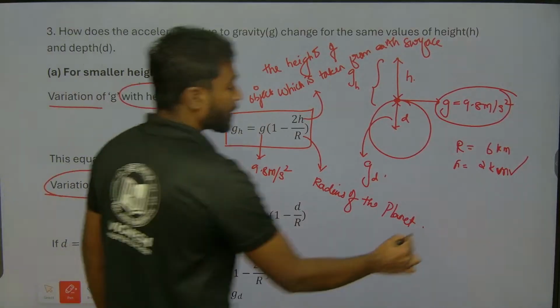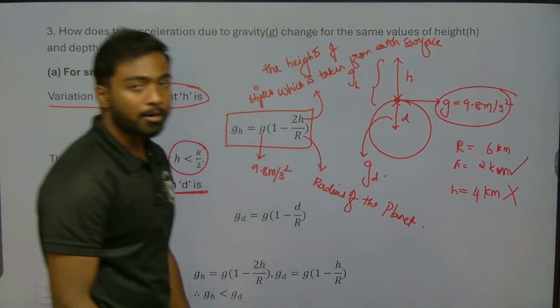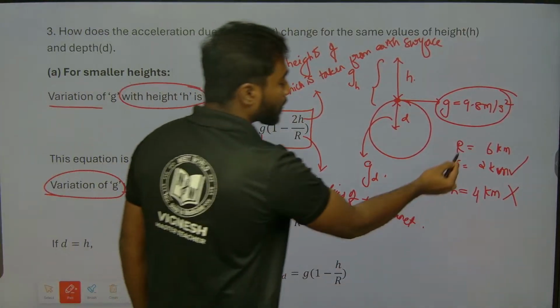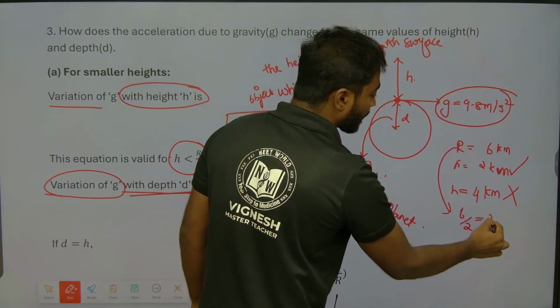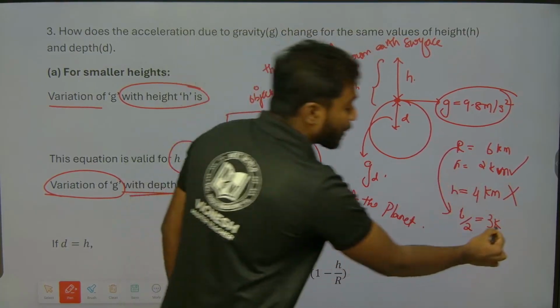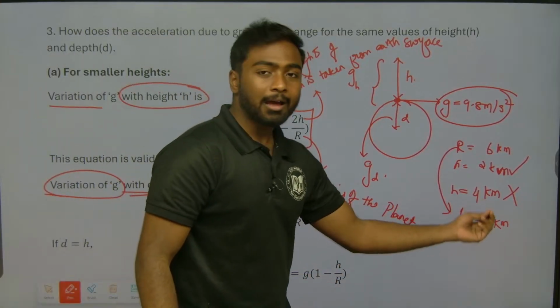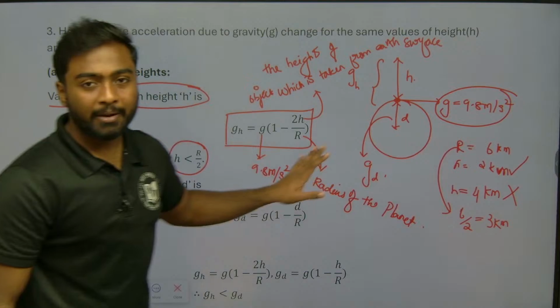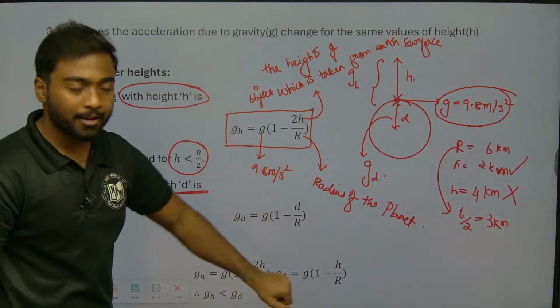When I take h as 4 kilometer, it is not applicable, because r is 6 kilometer and divided by 2, which is nothing but 3 kilometer. It should be below 3 only. If it crosses 3 or more than 3, it is not applicable for this condition. That condition we will see separately, okay.